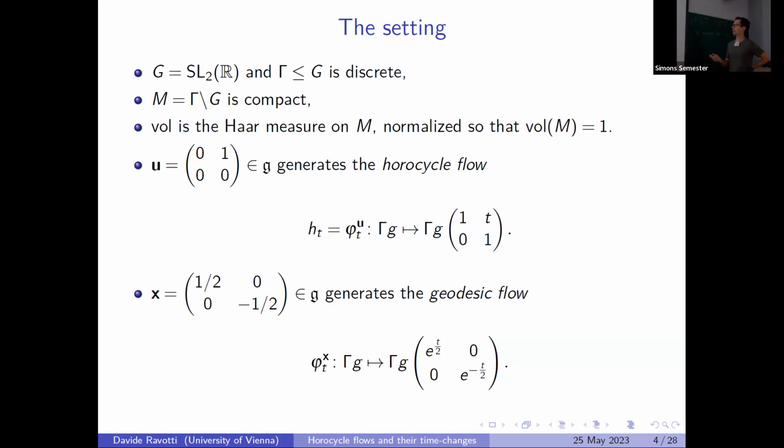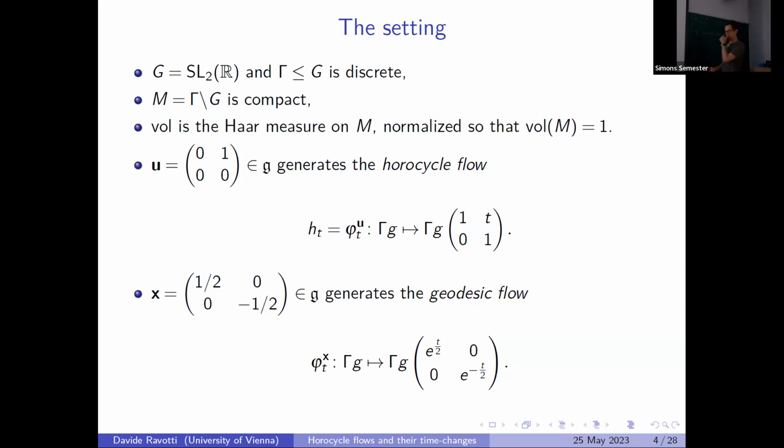And the Haar measure was defined up to a scalar, so I will now make the normalization so that the measure of the quotient is 1, to turn it into a probability space. And as I was mentioning, the horocycle flow is the homogeneous flow generated by this specific element in the algebra. I will call it h_t, h for horocycle, instead of phi^U_t.